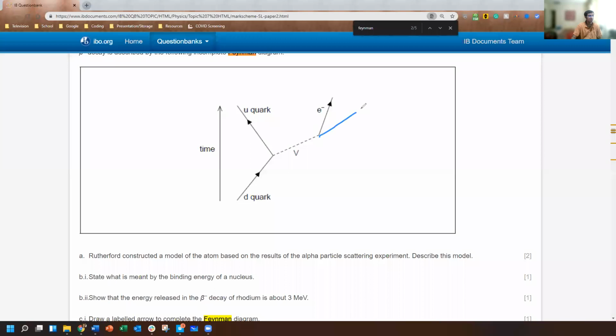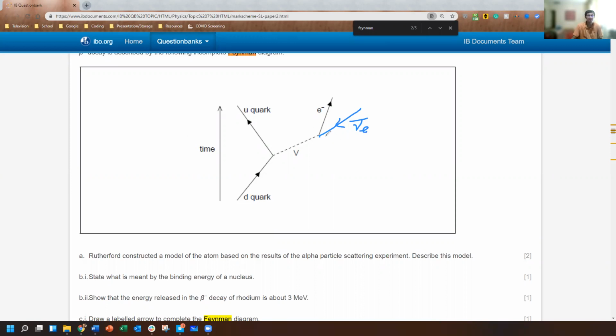So it's coming through this way. Why is that? That's what I just don't understand. Because time is this way. Okay, if time is this way, then, oh okay. If I put it on this side, that would have meant that it started off with the proton or the down quark, which wouldn't have made sense.